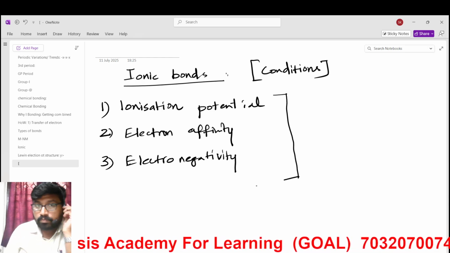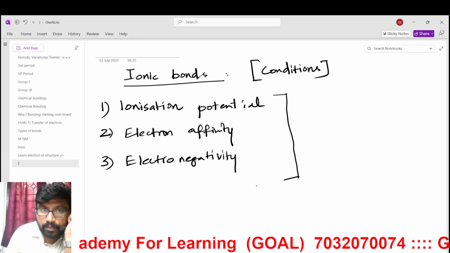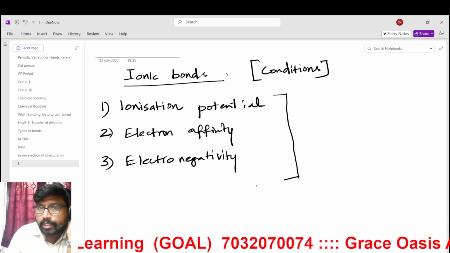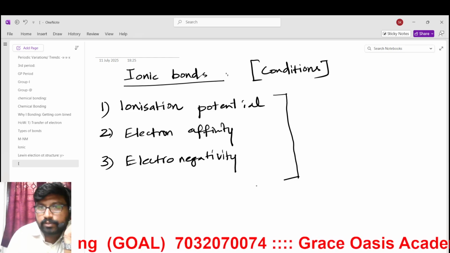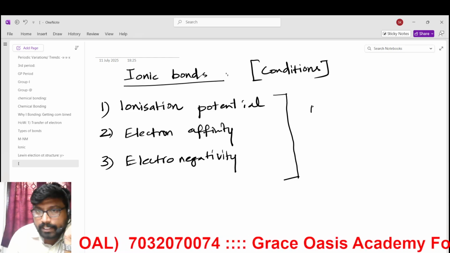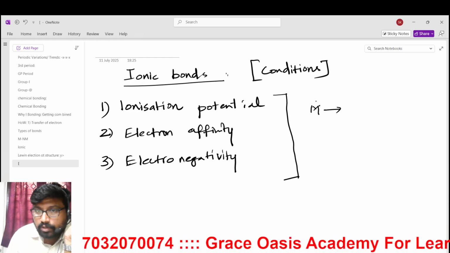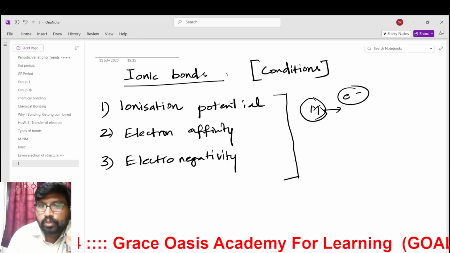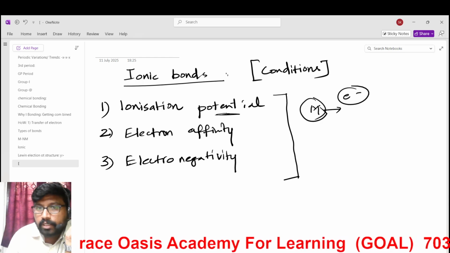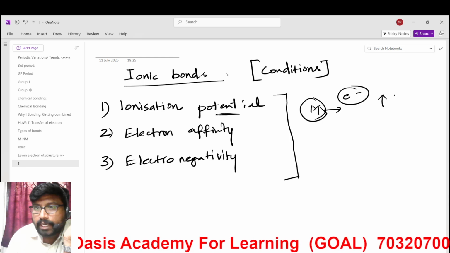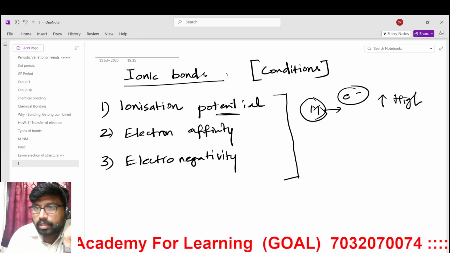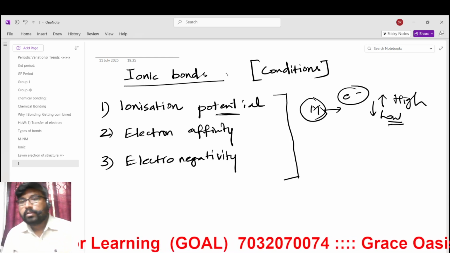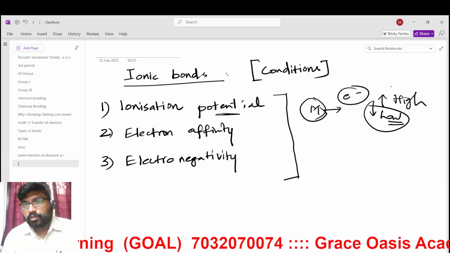So for an ionic bond to be formed, ionic bonds are what? Metal to non-metal bonds, right? So the metal has to transfer its electron. Then should ionization potential be high or low in order to lose an electron? Low.